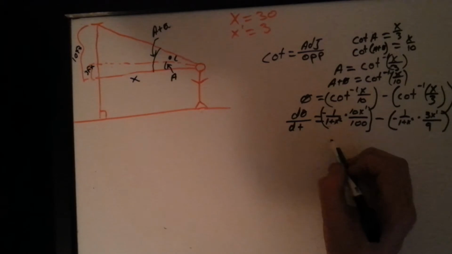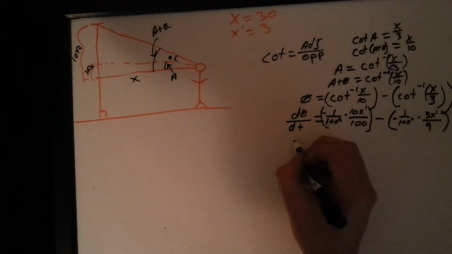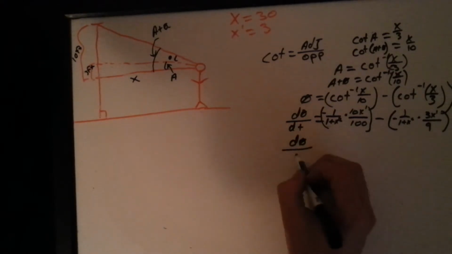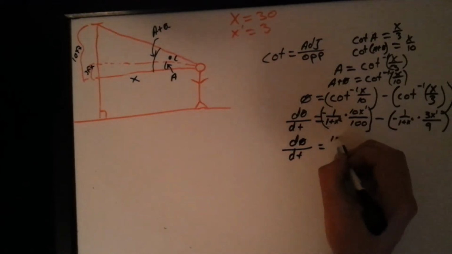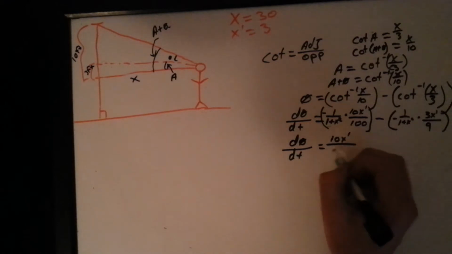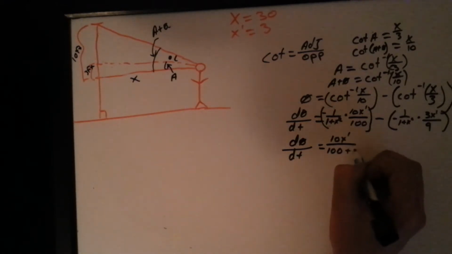We can simplify that down a little bit to have the derivative with respect to time equals 10x prime over 100 plus x squared.